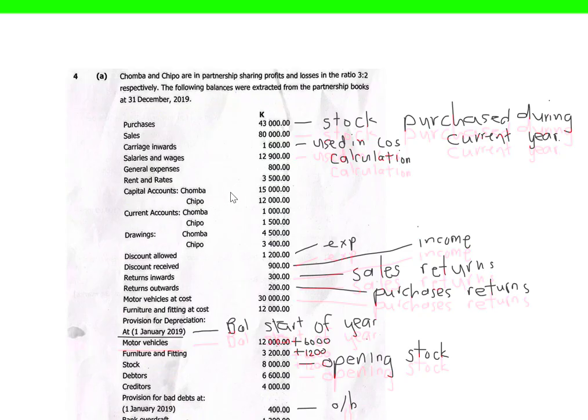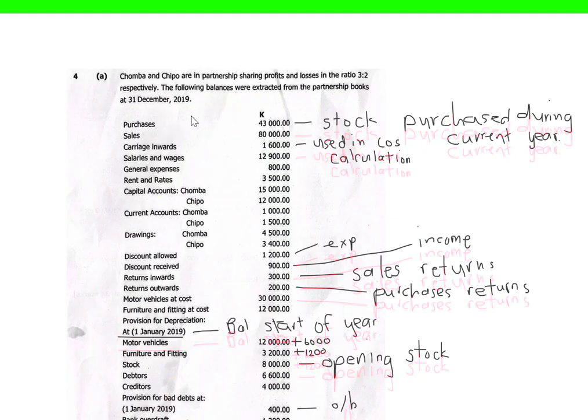Then there were the capital accounts, what the owners put into the business, and then there were current accounts and drawings. These three different accounts make up owner's equity, but we're doing the income statement, so we're concerned with income and expense accounts.